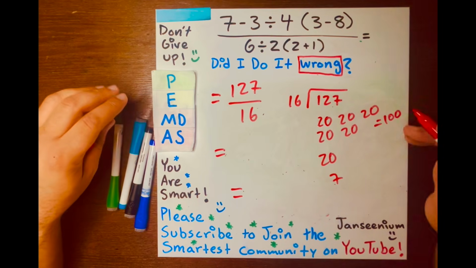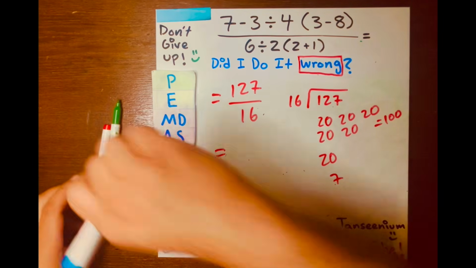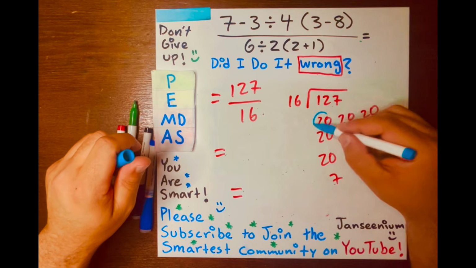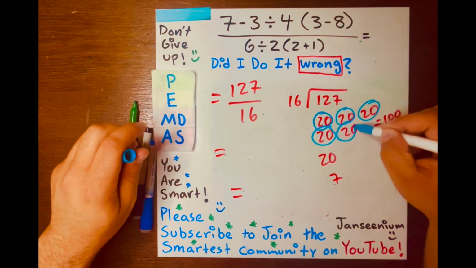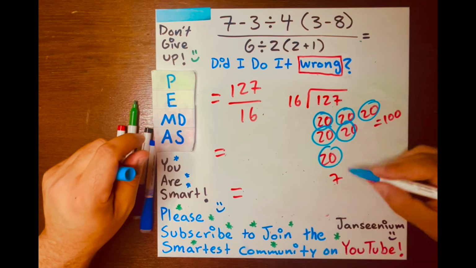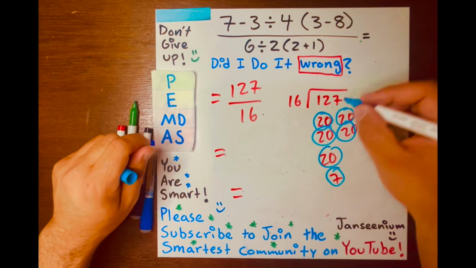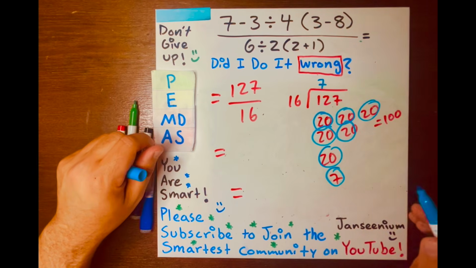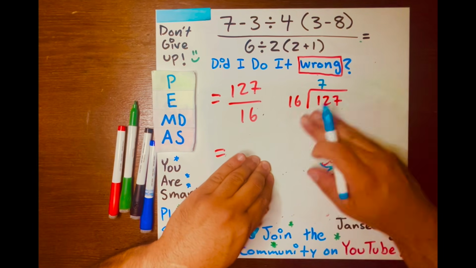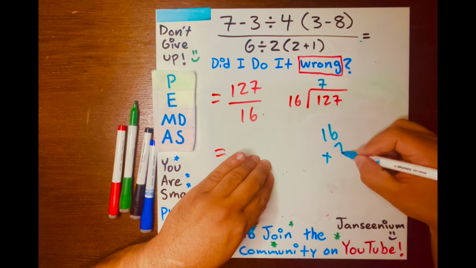So that equals 127. You can fit 16 into 20. 1, 2, 3, 4, 5, 6, and then 1 and 7. So you can fit 16 into 127 7 times. And next you multiply 16 times 7.